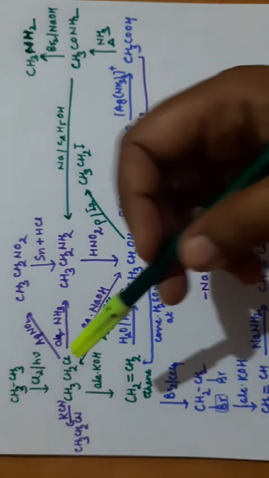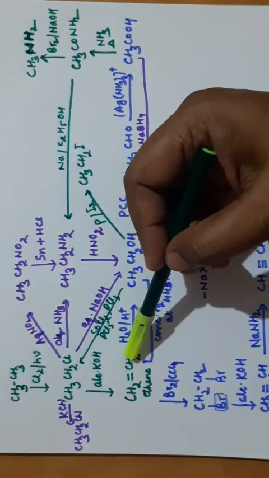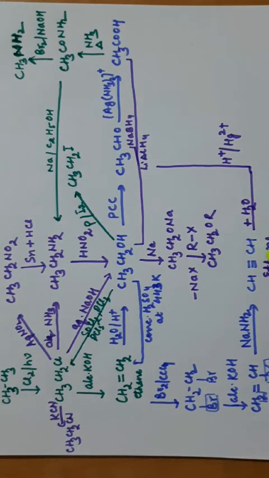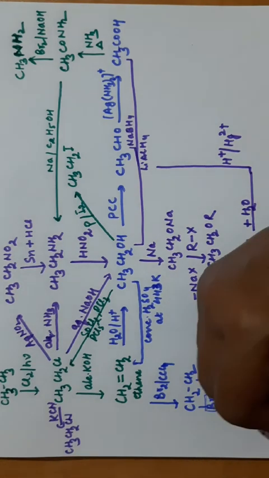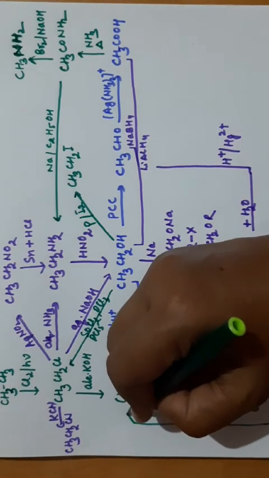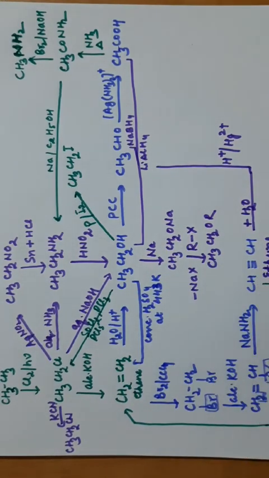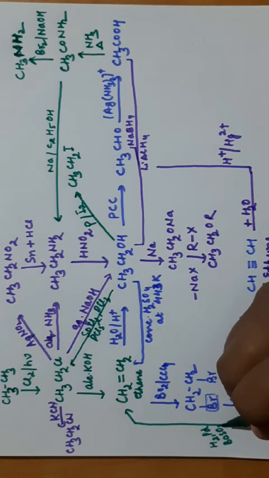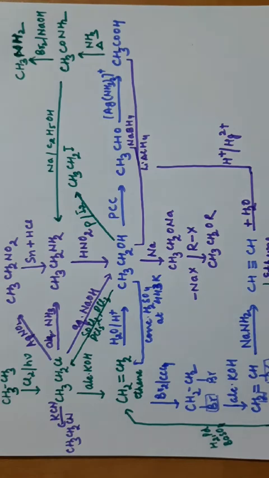So we have done the conversion of an alkane into an alkene into an alkyne. Now how can you convert alkyne back to alkene? We can convert alkyne back to alkene by hydrogenation. Okay. You can do the hydrogenation in presence of Lindlar's catalyst, Pd/BaSO4, or using sodium and liquid ammonia.